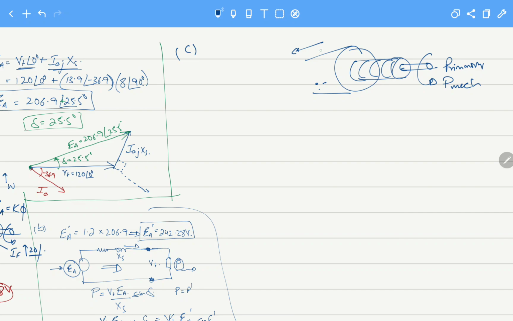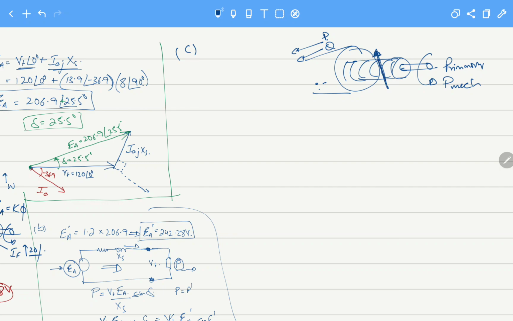And there is also reactive power generated by our synchronous machine. Now in the second part, they increased the magnetic flux from the rotor.